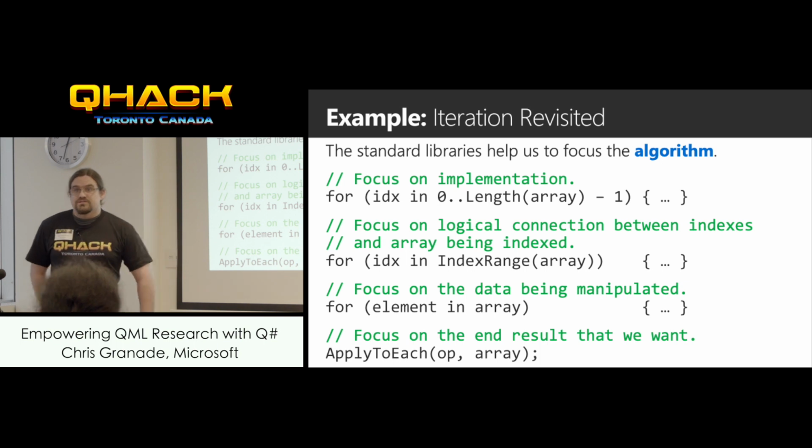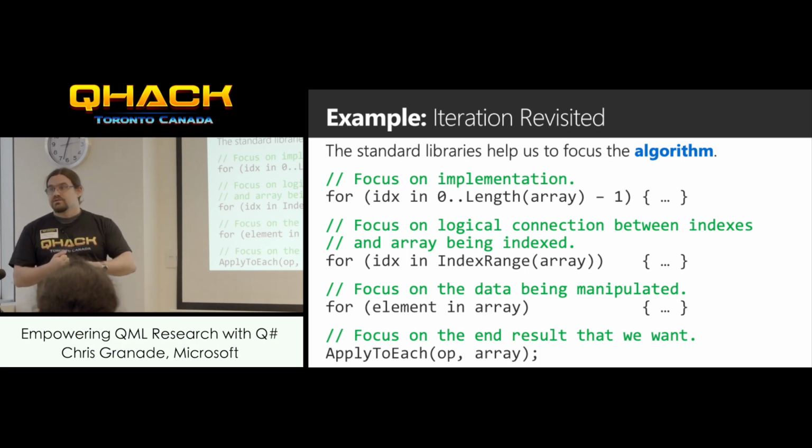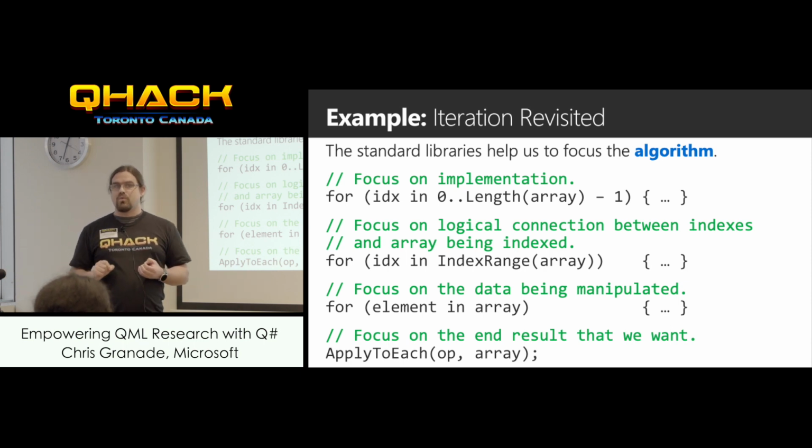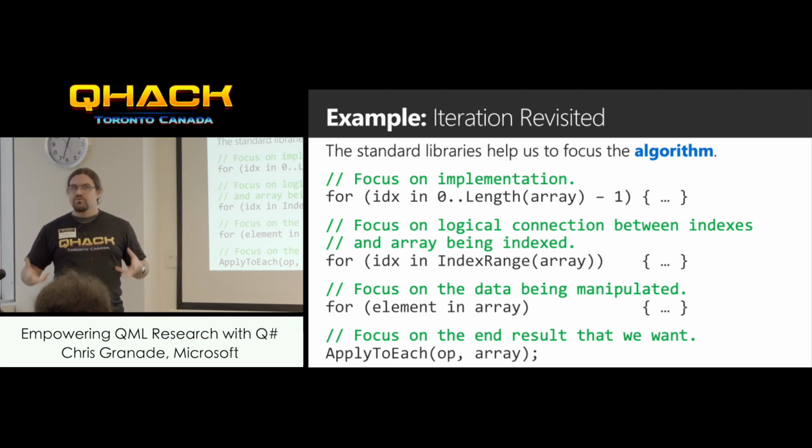These standard libraries, as mentioned, are really designed to help us focus on the algorithm. And so as an example of that, I'd like to step back and think about what iteration looks like in classical programming. Because remember, the view of Q# is that we're writing classical programs that send instructions to a quantum device. So we really need to learn from the history of classical languages.